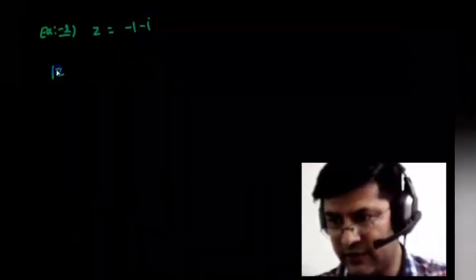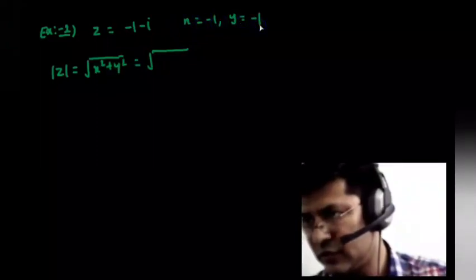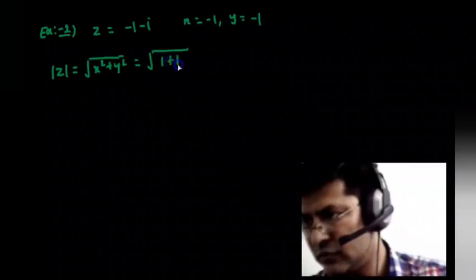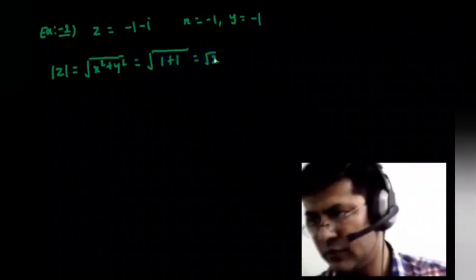Example number 2. We are given z is equal to minus 1 minus i. Here first we will calculate modulus of z, which is square root of x square plus y square, or square root of a square plus b square. Here the value of x is minus 1 and the value of y is also minus 1. So 1 plus 1, the root is root 2.